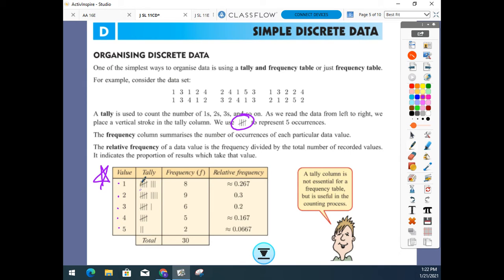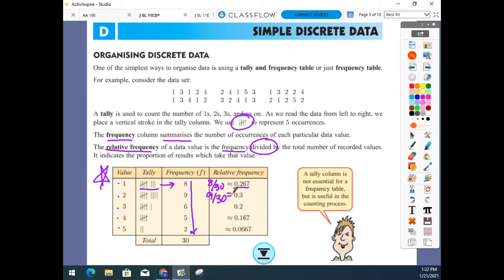So the tally marks are different, and then you add them all up to count for the frequency. The frequency just summarizes the number of tally marks. And then the relative frequency is the frequency divided by the total. So here when you add everything up, I'm going to take 8 divided by 30 to get my relative frequency. 9 divided by 30 to get my relative frequency, and so forth.